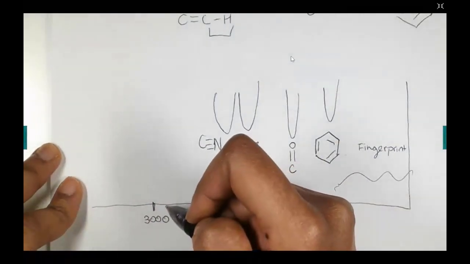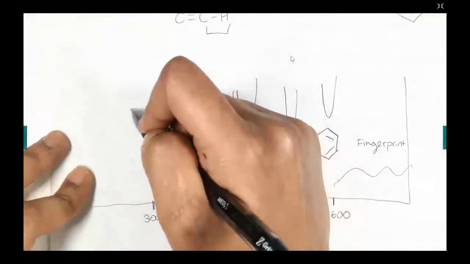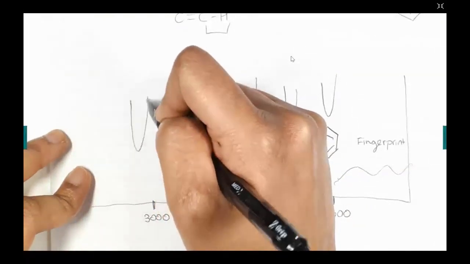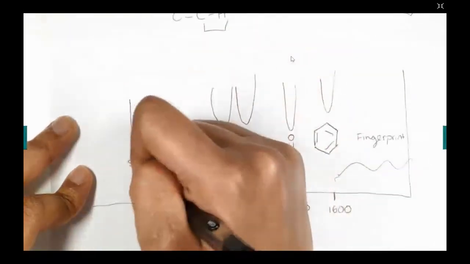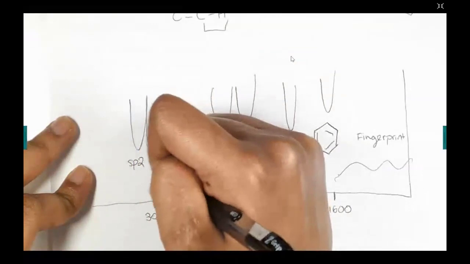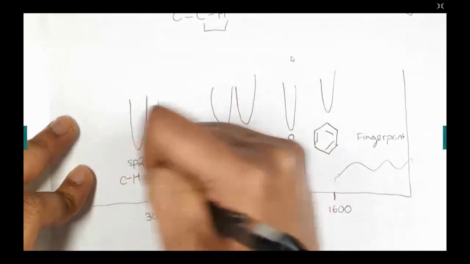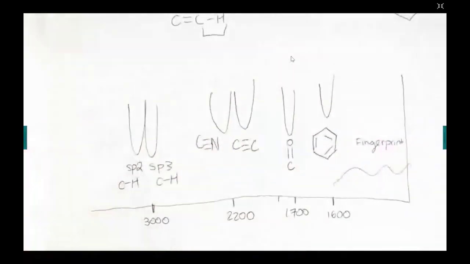At the 3000 range, you're going to be seeing both your sp2 and sp3 carbon hydrogen bonds. So sp3 is business as usual. That just means that you have single bonds. sp2 is the more interesting one. You can be looking out for that when you're trying to confirm, for example, benzene peaks that you see at 1600.